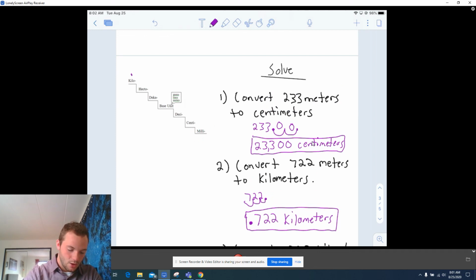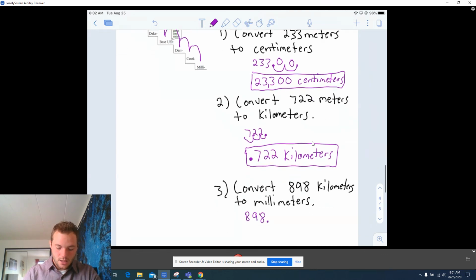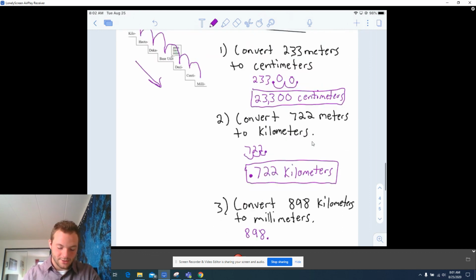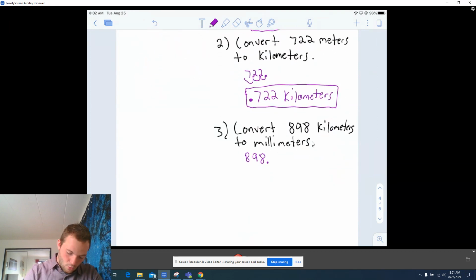So this is going to be 1, 2, 3, 4, 5, 6 decimal places. So I'm going to come here and I moved right or down. So I'm going to move the decimal right. So let's do that. 1, 2, 3, 4, 5, 6. And then each place I move is an imaginary number there right now, but I'm going to fill that in with zeros.